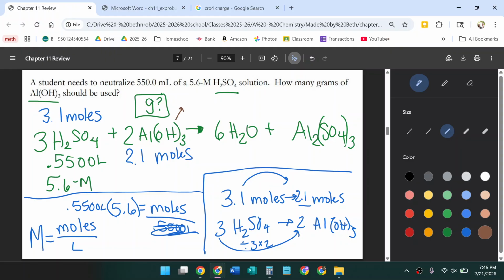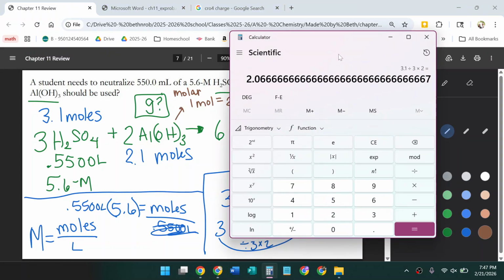The molar mass, for 1 mole of that, would equal: Al is 26.98, plus we have 3 O's, so that's 16 times 3, and we have 3 H's, so that's 1.01 times 3. If we put all that in our calculator, we'll figure out what the molar mass is.